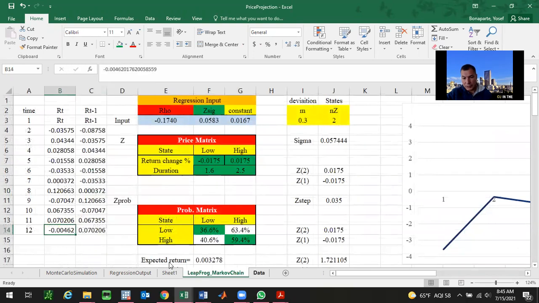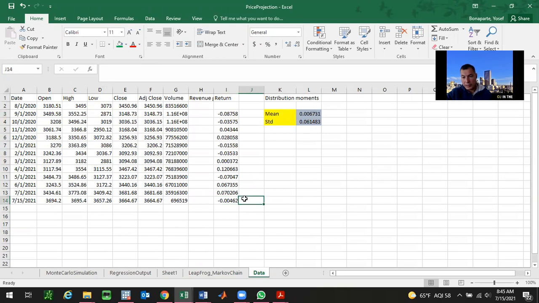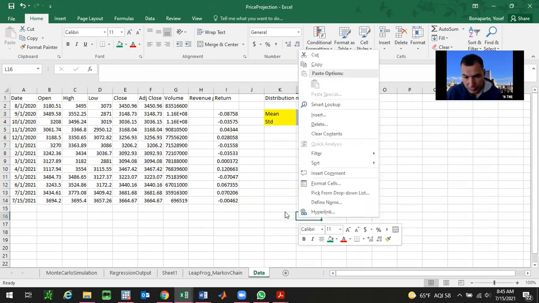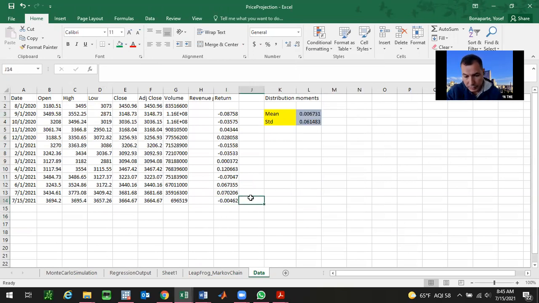So in the data here, which is this number, the last observation is less than the mean, which means we are in the low state. Okay, now we understand where we are.